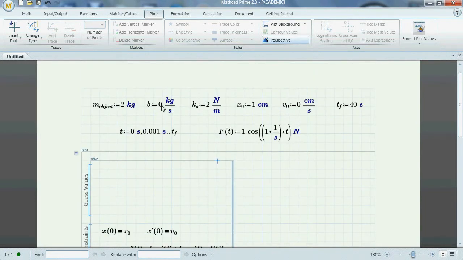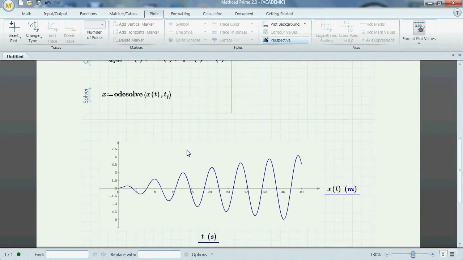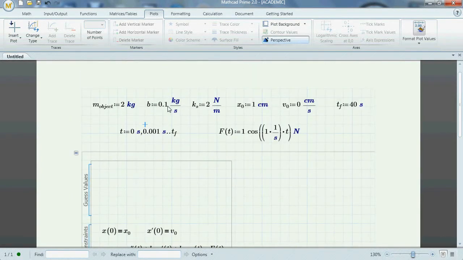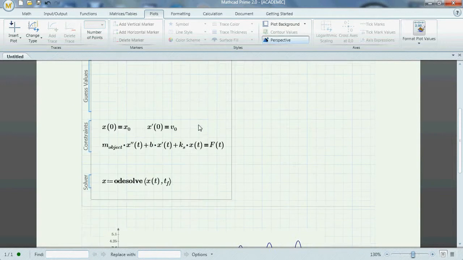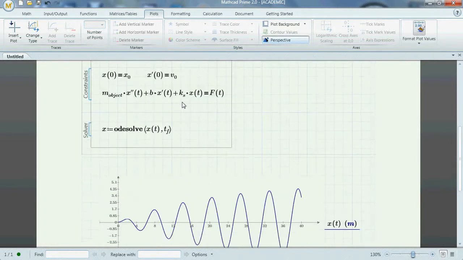Now, if I want to control this, what I can do is I can start adding in a little bit of friction. So let's start with 0.1. Let's see what happens there if I add just a little bit of friction. Well, it's still going higher without bound, so we can add a little bit more. And still, it's coming down, but it's still pretty high.